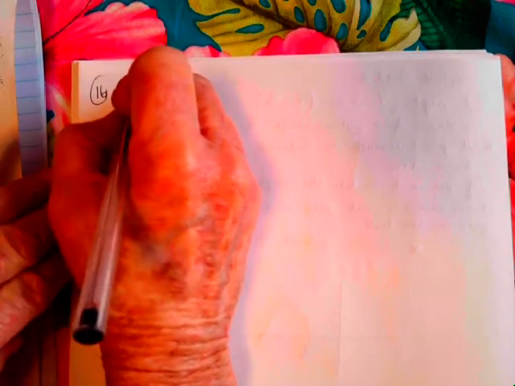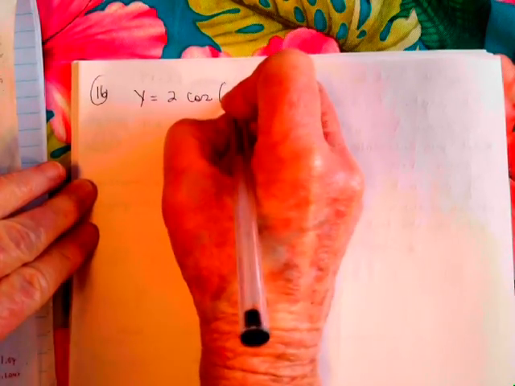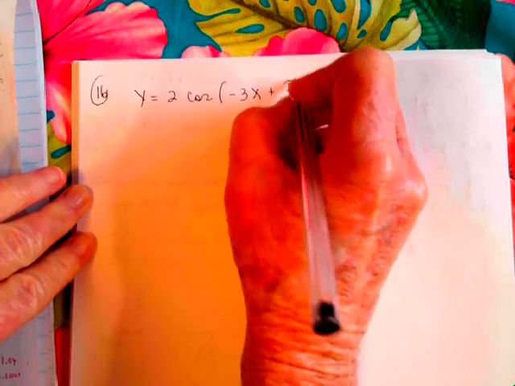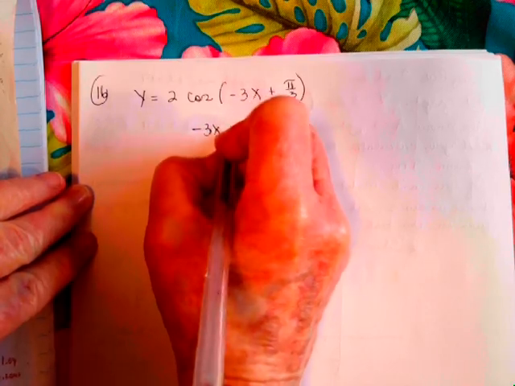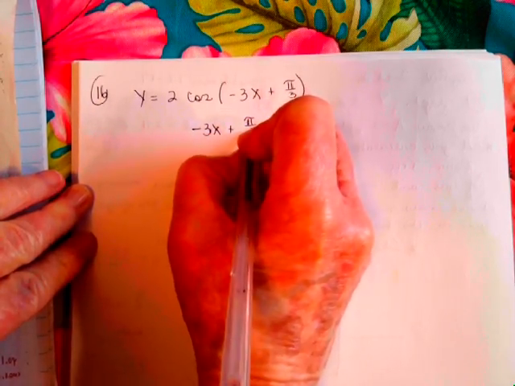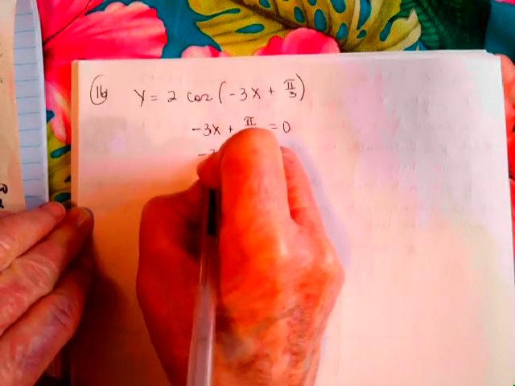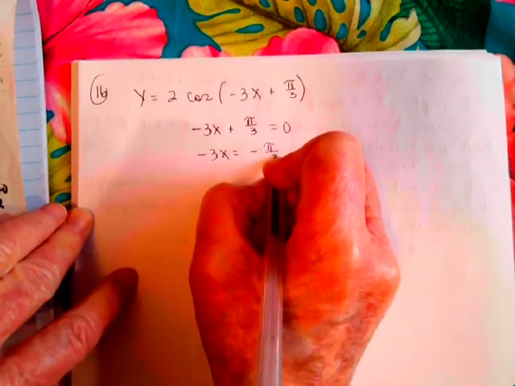Number 16. Determine the phase shift of y equals 2 times the cosine of -3x plus pi over 3. -3x plus pi over 3 equals 0. -3x equals -pi over 3.